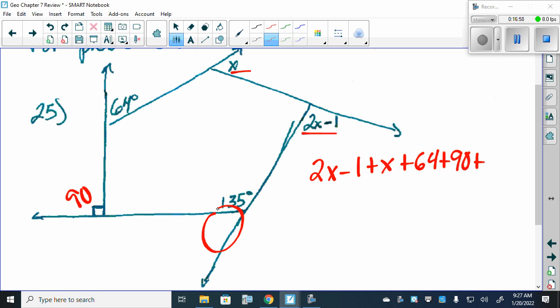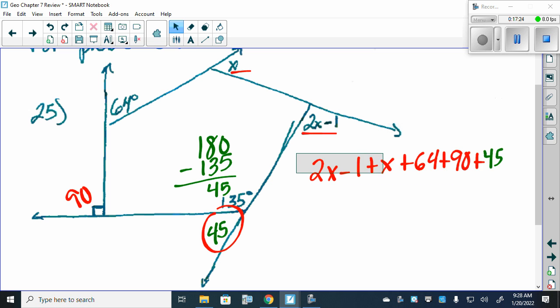Now even though they didn't give us this angle here, the interior angle and the exterior angle will always make a straight line and add together to be 180. So for us to find this, we really just need to take 180 minus 135 and get 45 degrees. So that missing angle is 45.